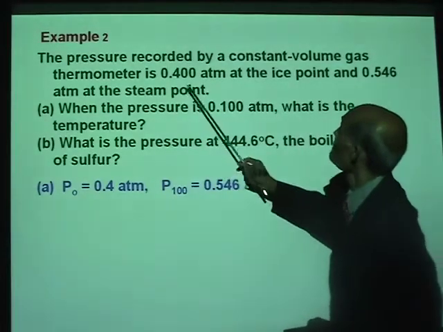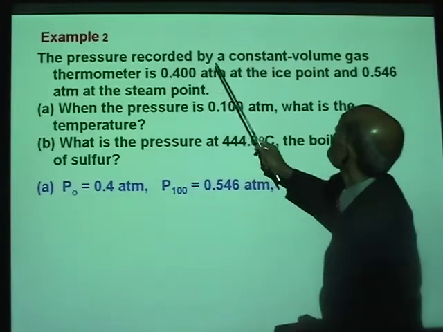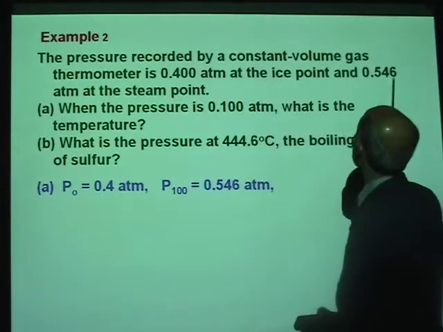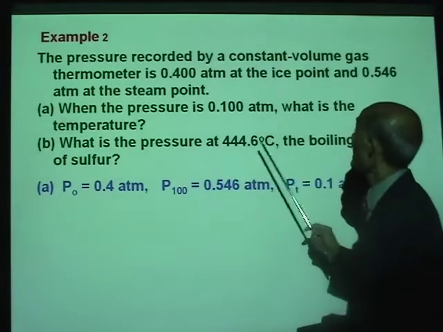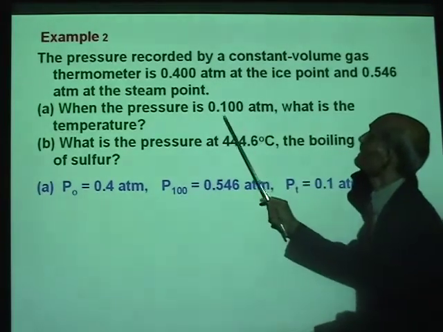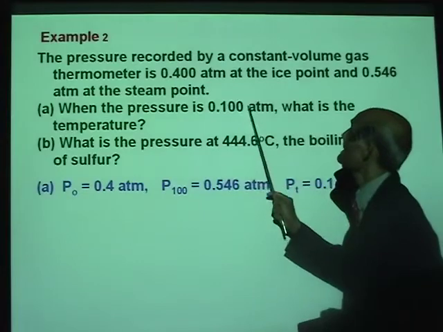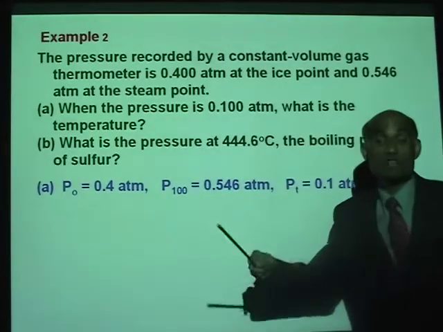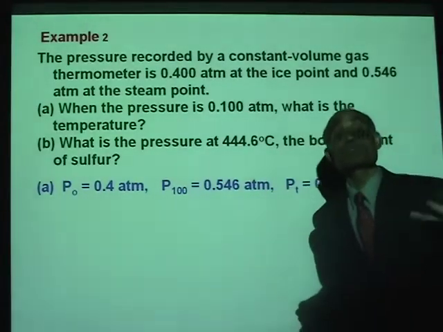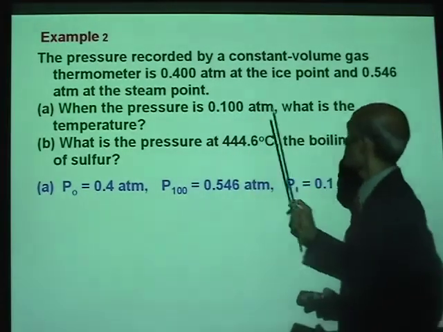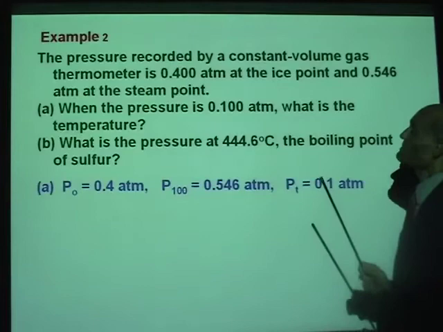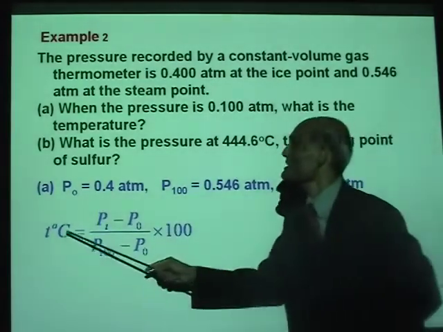P100 is, what's our P100? P100 is 0.546 atmosphere. And PT, the pressure at a particular temperature, the temperature we want to measure. The pressure at a temperature that we want to measure is 0.1 atmosphere, and therefore what is the temperature?